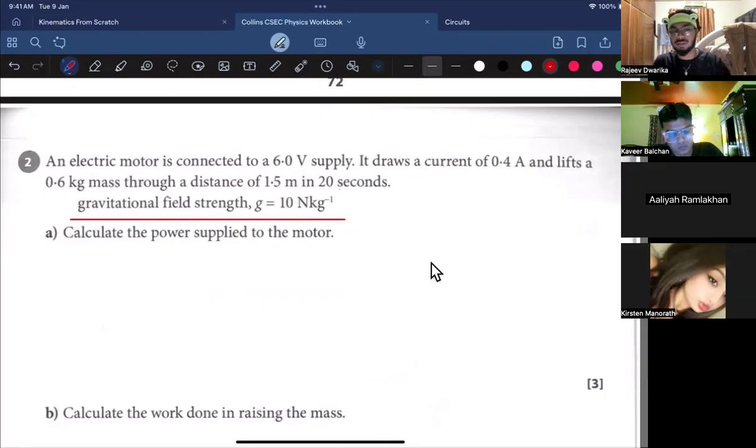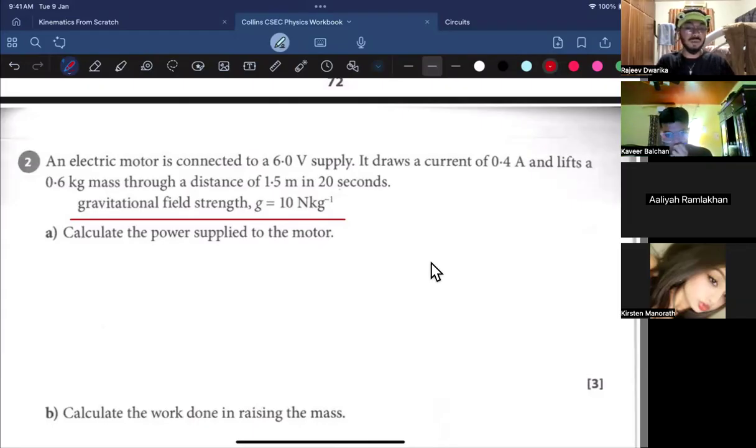Aliyah, what is gravitational field strength? Anytime I see G in physics, what's G?